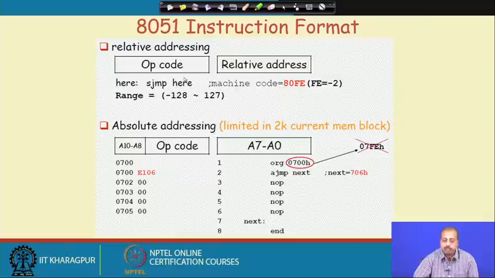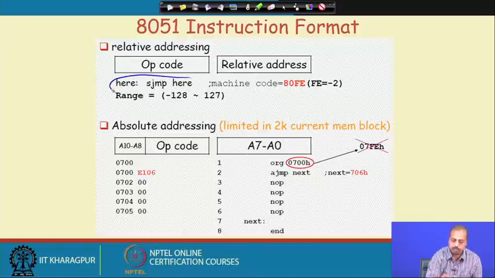If you look into the coding of this SJMP instruction, it is a 2 byte instruction.